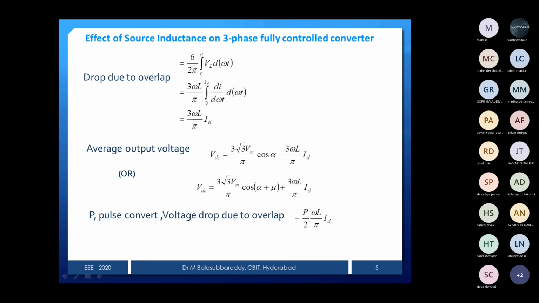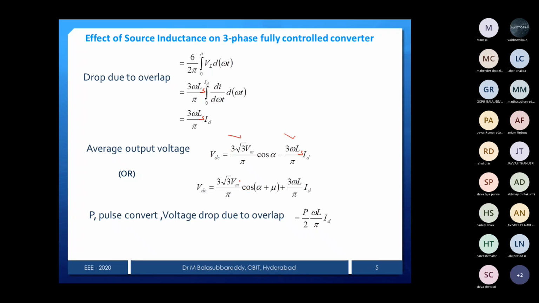You can use the notation Ls for the source, because the load also has an inductor, so you may get confused; that is why you can make use of s here. Then 3 omega Ls by pi into Id, and your final expression is the average actual voltage minus the drop 3 omega Ls by pi into Id.